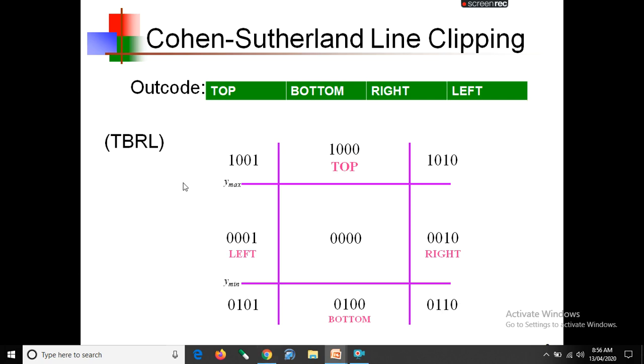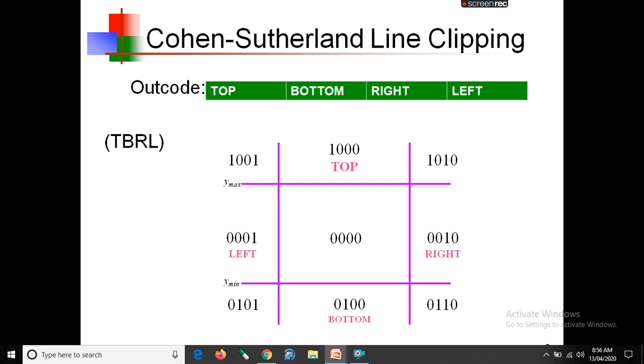If you perform bitwise OR between the left outcode and the bottom outcode, you will get 0101. So as per step 1, we assigned an outcode to each region of the two-dimensional plane.